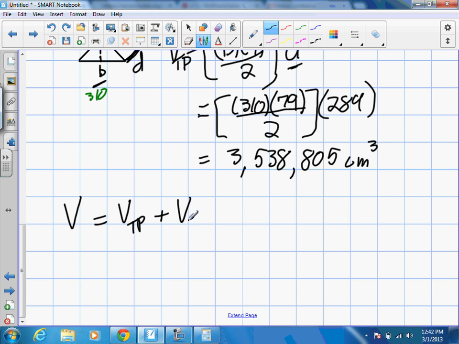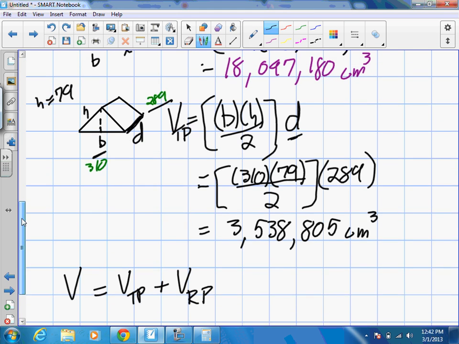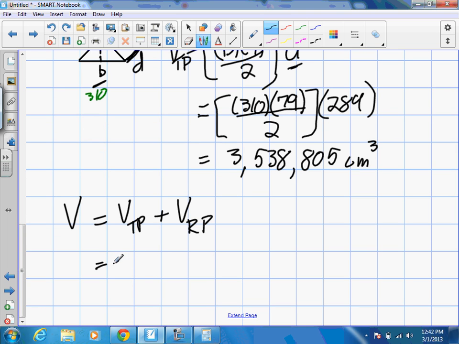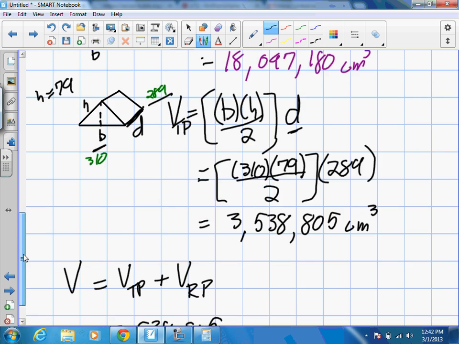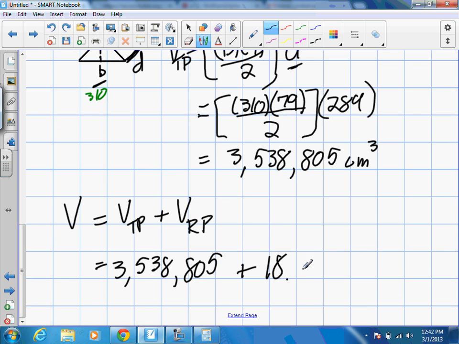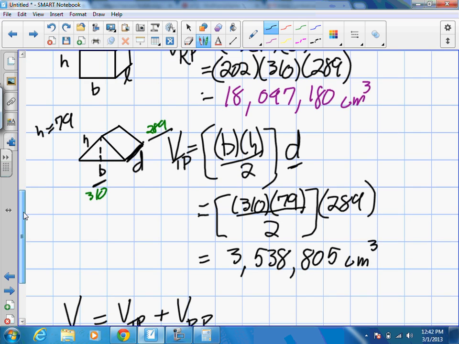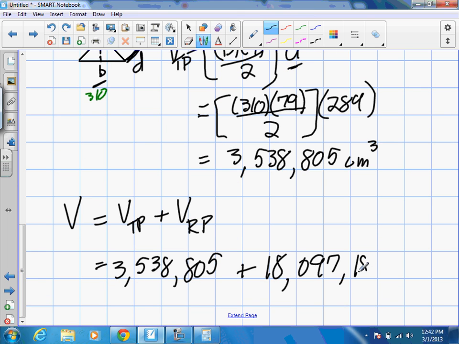So let's take those numbers. The triangular prism was 3,538,805, plus the volume of the rectangular prism was 18 million, 97,180. Huge numbers we have here. Luckily, I've got one of those numbers already in my calculator.